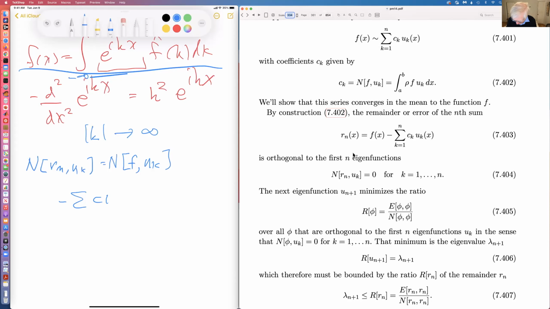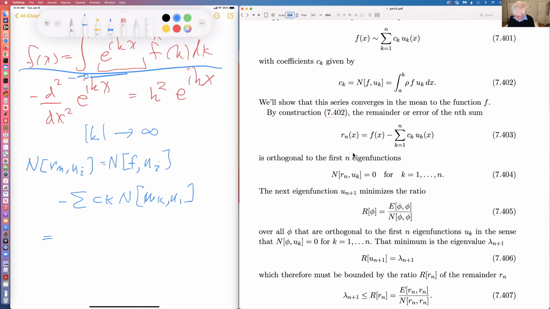I'm going to make this a different index. So I'm going to call this i, say. And then this is a sum of c_k times the inner product of u_k and u_i. Well, u_k u_i is a Kronecker delta because they're orthogonal.